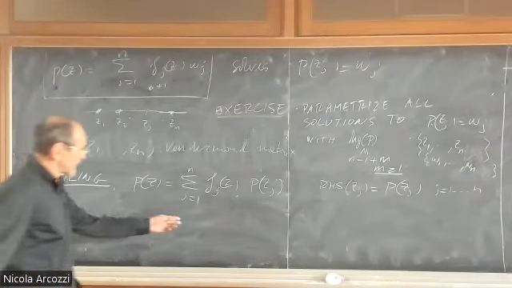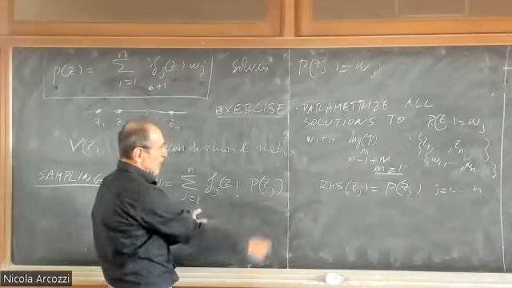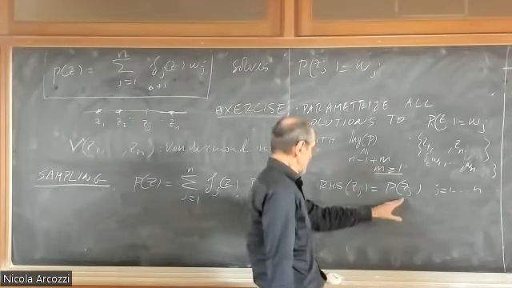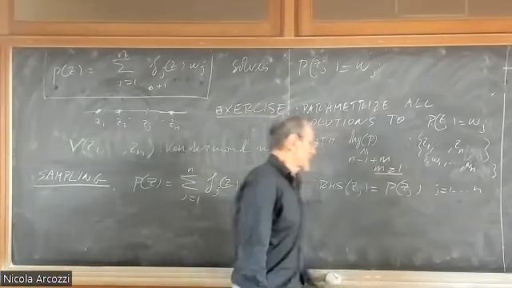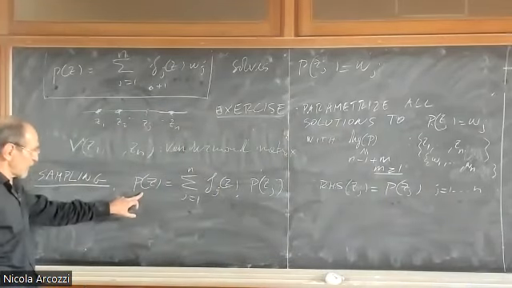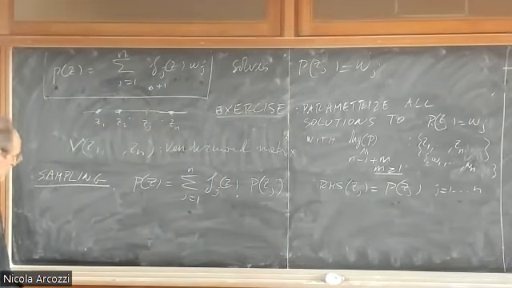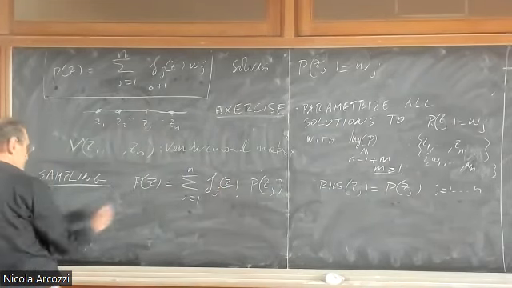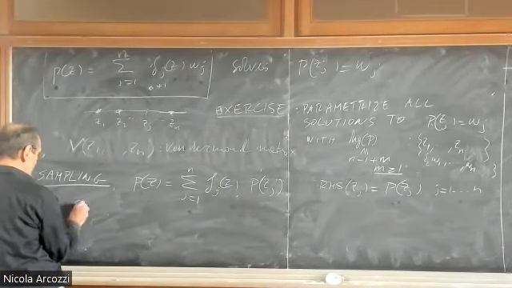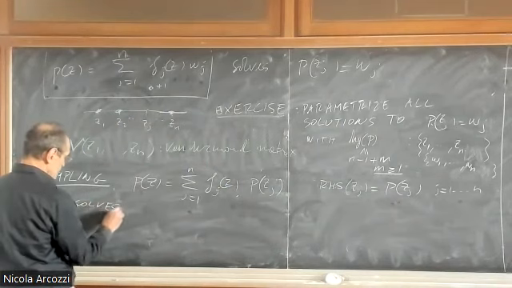Is that enough to say that this function here, which has the correct values at any points, is my polynomial P? Well, this works only if, so this formula here solves the problem.